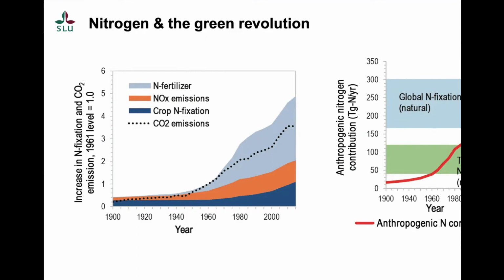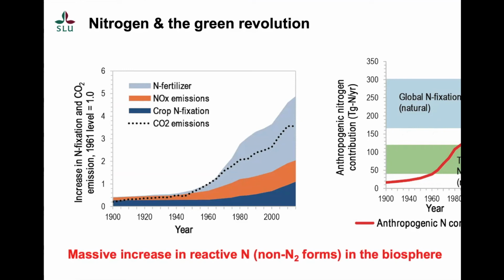And we're actually starting to approach that. So you might have heard of these ideas of these planetary boundaries. And nitrogen, the amount that we're putting in is approaching the boundary where we might not be able to put in more nitrogen, because it might throw everything out of balance. And I'll get into that in a minute here.